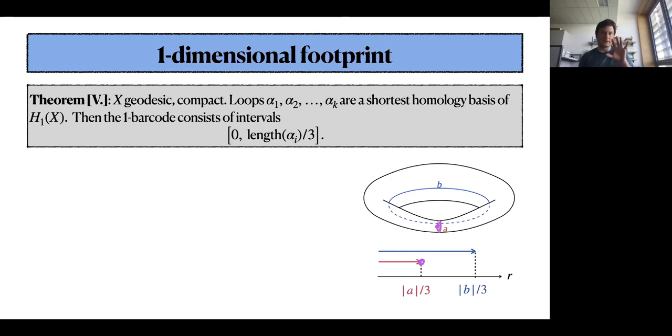So the critical simplices actually tell you where those geodesics are. And similarly for this one, the critical simplex here will just go around here. And you can use them to specifically locate your geodesics.